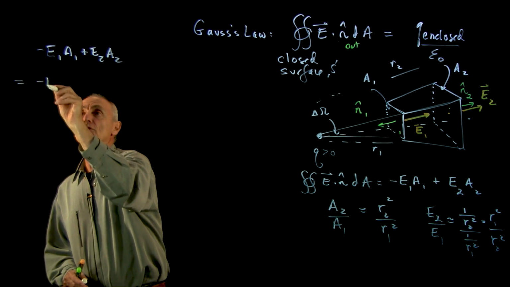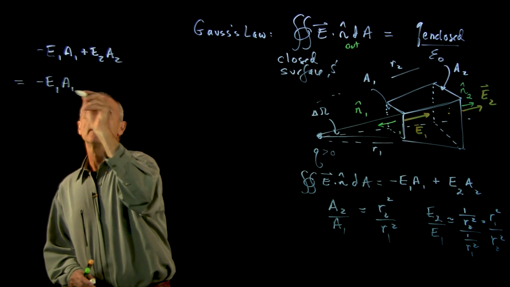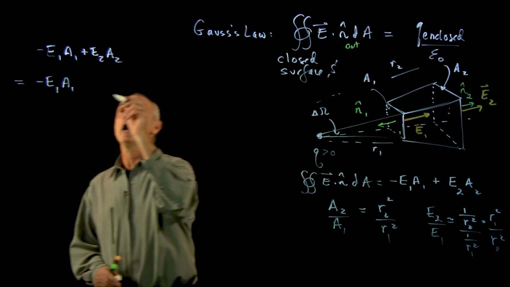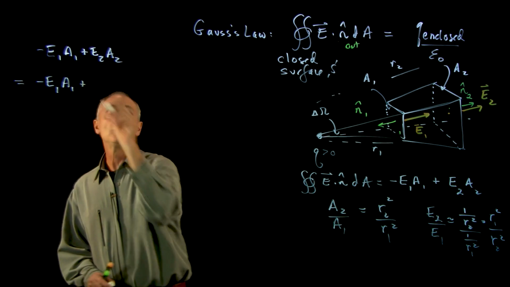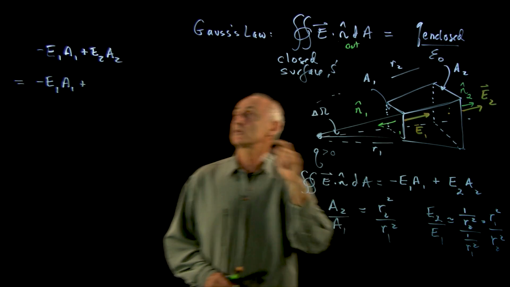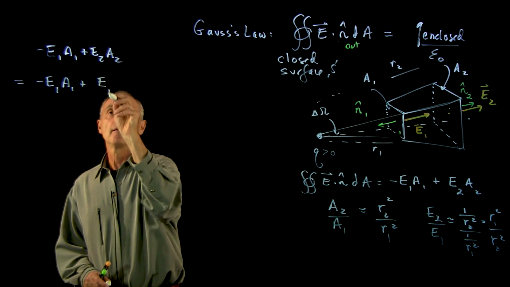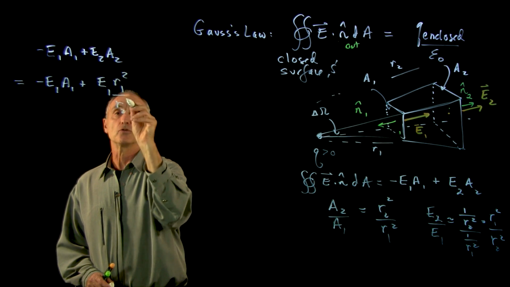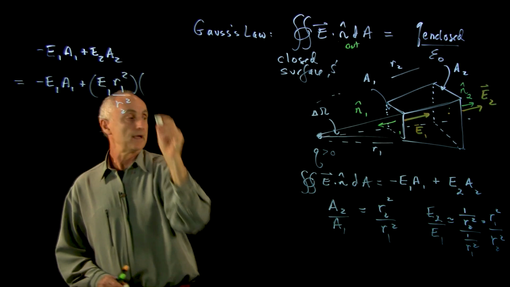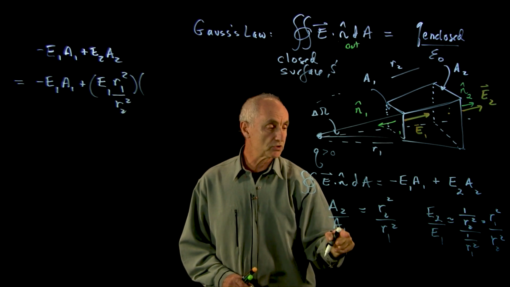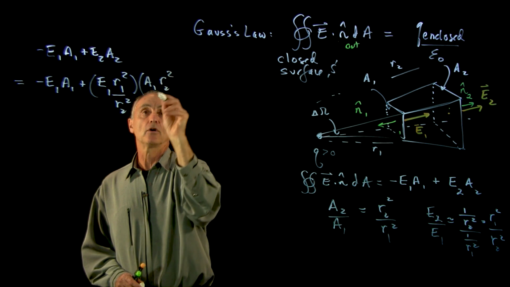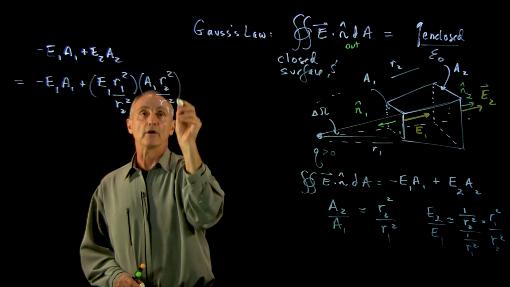And now let's make our substitutions. Over here, we're going to make the following substitutions. For E2, E2 is equal to E1 times R1 squared over R2 squared. And A2 is equal to A1 times R2 squared over R1 squared.